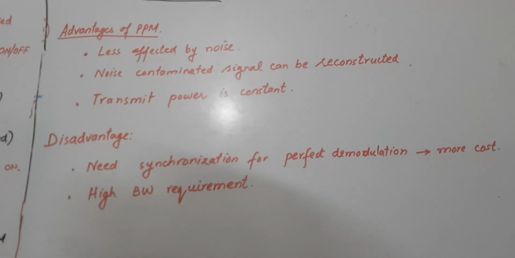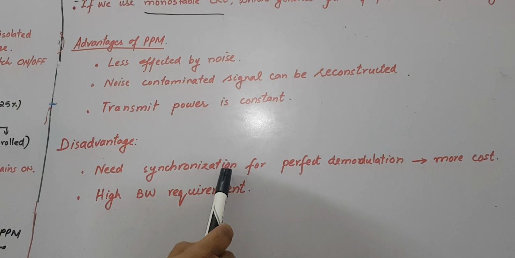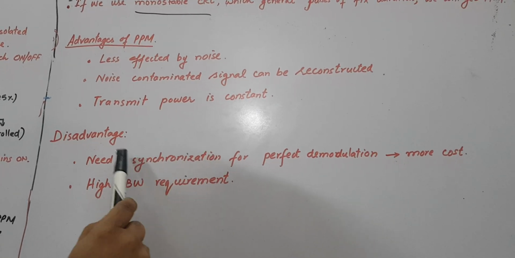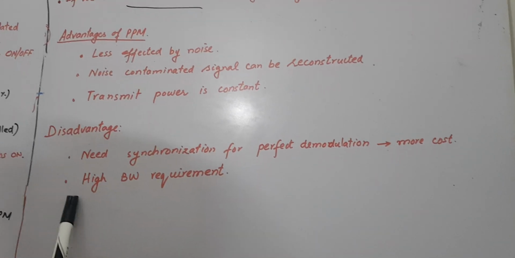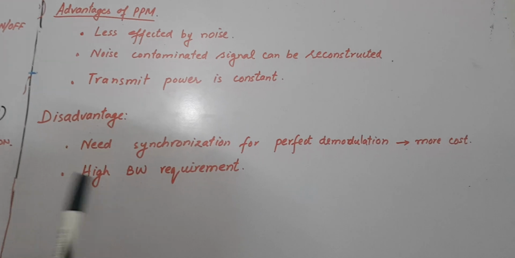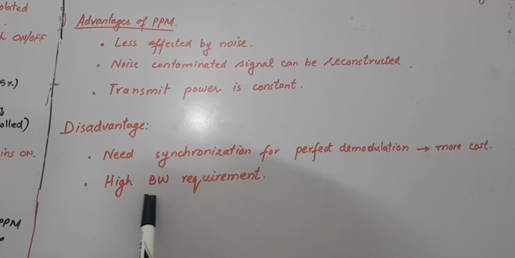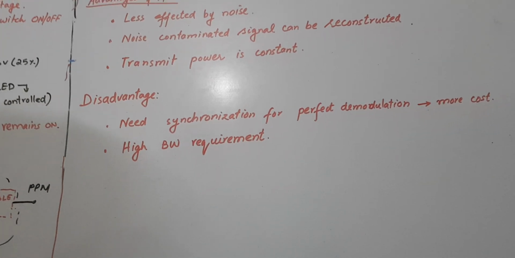For this type of modulation you need a synchronous circuit for perfect demodulation, which increases the cost as well. The second disadvantage is that it requires high bandwidth. These are the disadvantages of pulse position modulation.